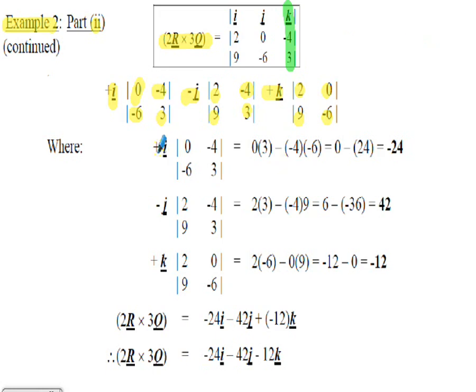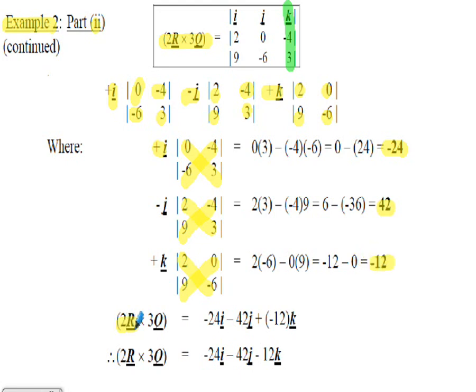So find the determinant for i, it's 0 times 3, take away minus 6 times minus 4, do the arithmetic on that, you get minus 24. It's 2 times 3, take away the 9 times minus 4, that'll give you 42. And finally we've got the 2 times minus 6, take away the 9 times 0, gives you minus 12.